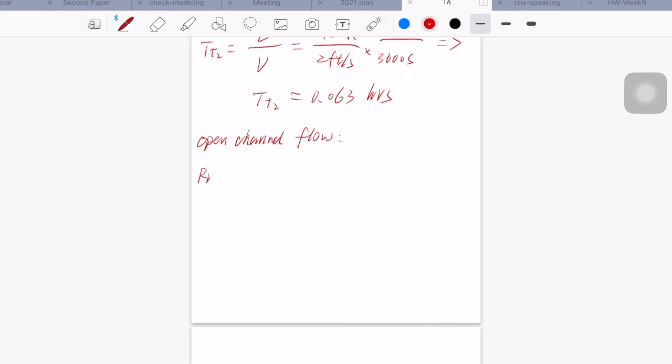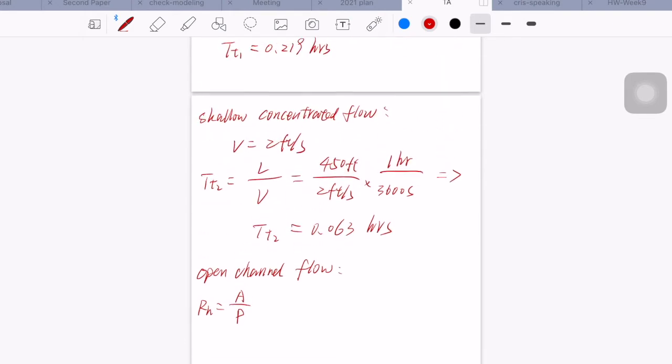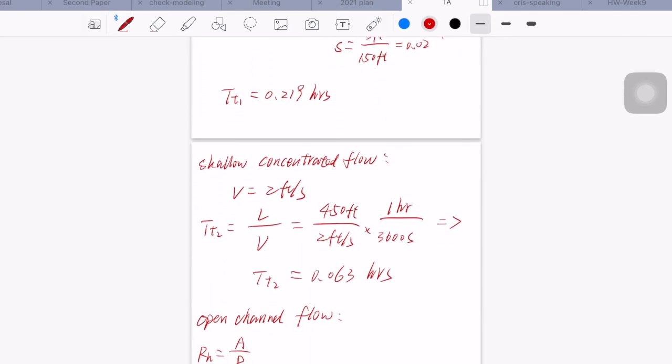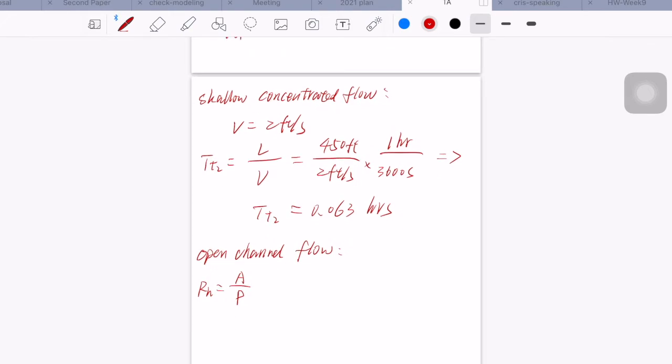So we know the RH should be equal to A over P. And since we know the runoff is through a 2 feet diameter pipe flowing half full, A over P should be equal to pi times (D over 2) to the power of 2 times 0.5, divided by pi times D over 2.